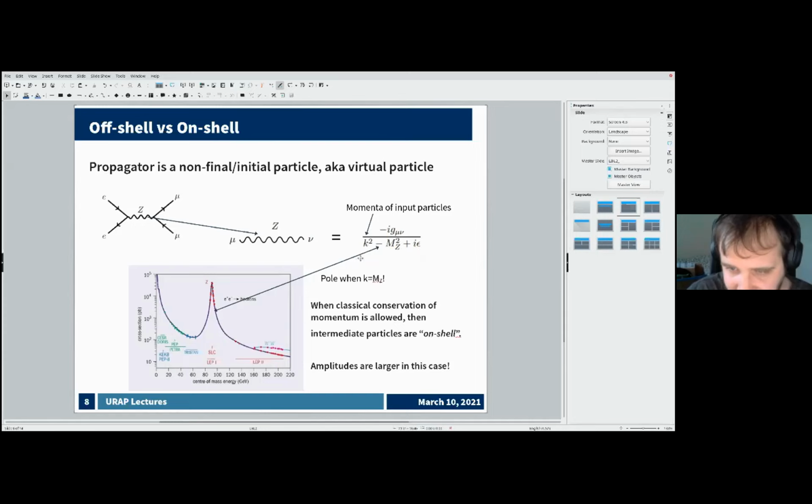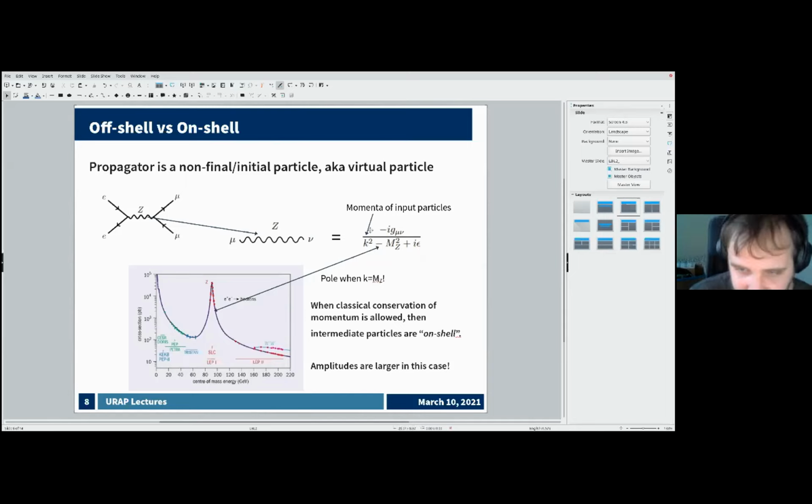And if your k is equal to m_Z, when the input momentum is equal to the Z boson mass, which is basically energy conservation, this will be 1 over 0, right? So it explodes, it's preferred.